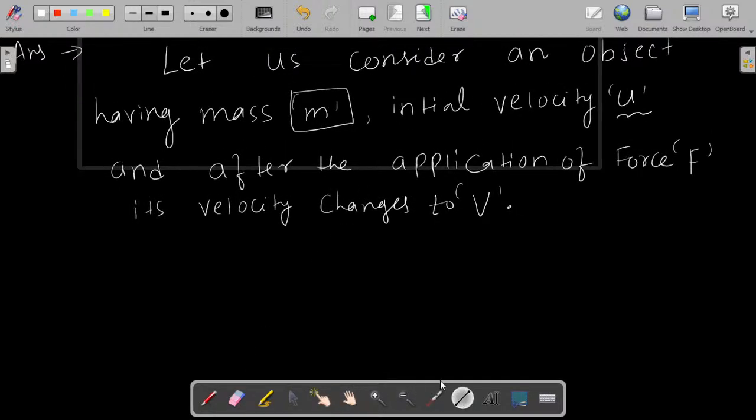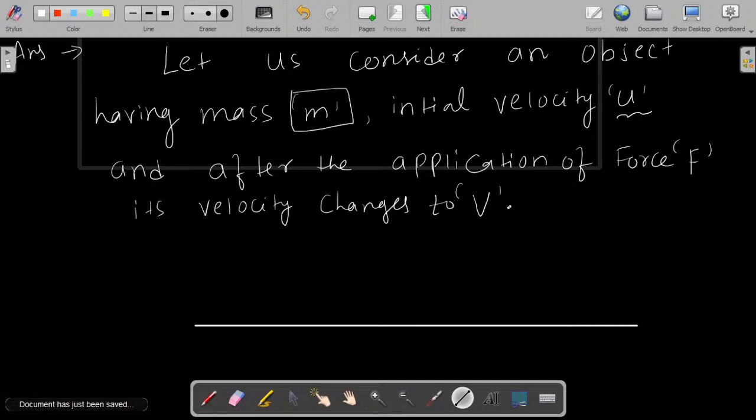Now you draw the diagram. This is the surface. Suppose this is an object. After some time, with the application of force, it comes to this part of the road.